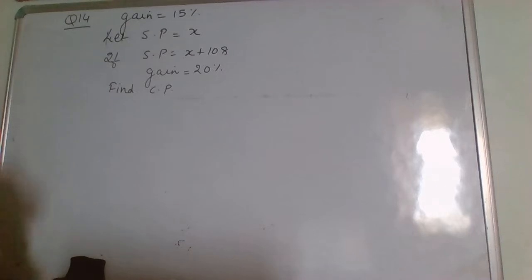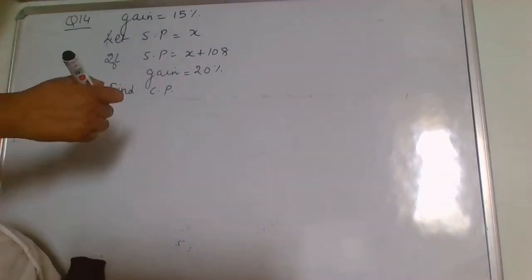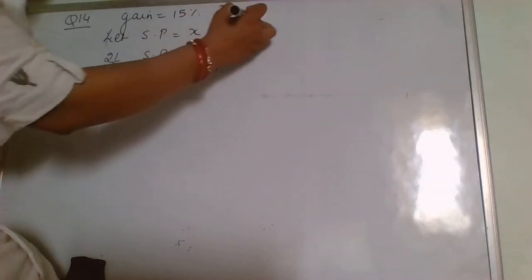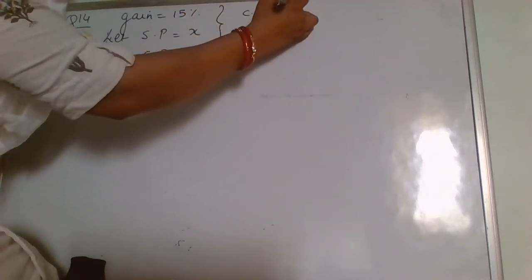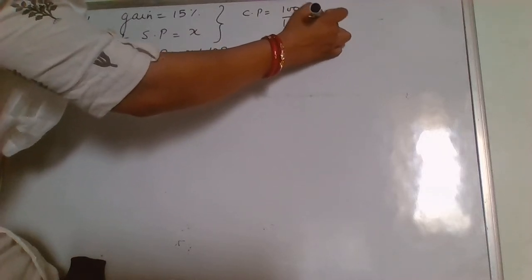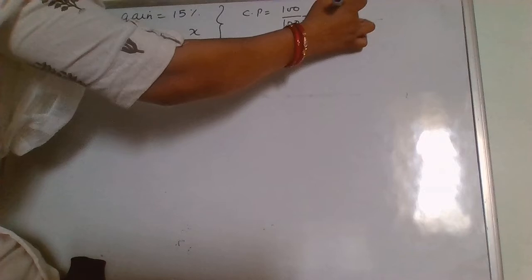So I will find out the value of CP in both the conditions. CP is equal to 100 by 100 plus gain percent into SP.